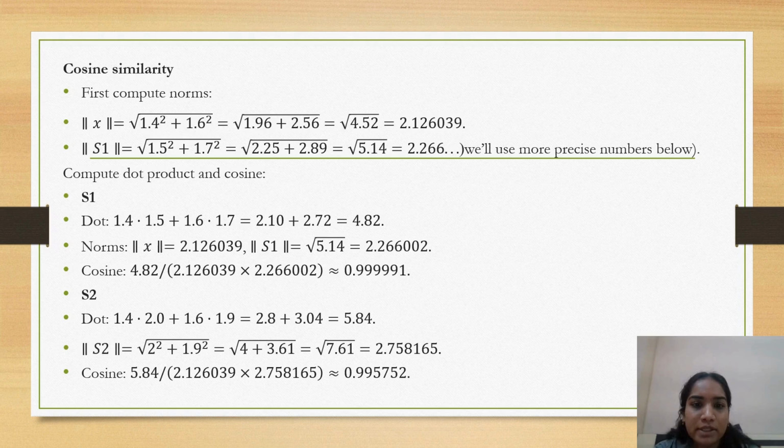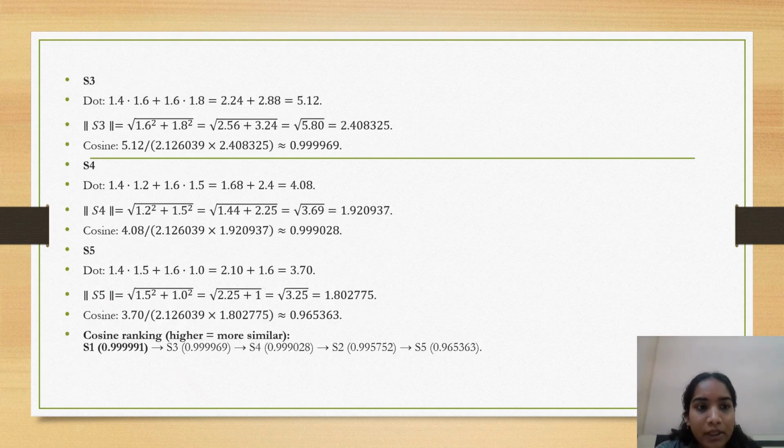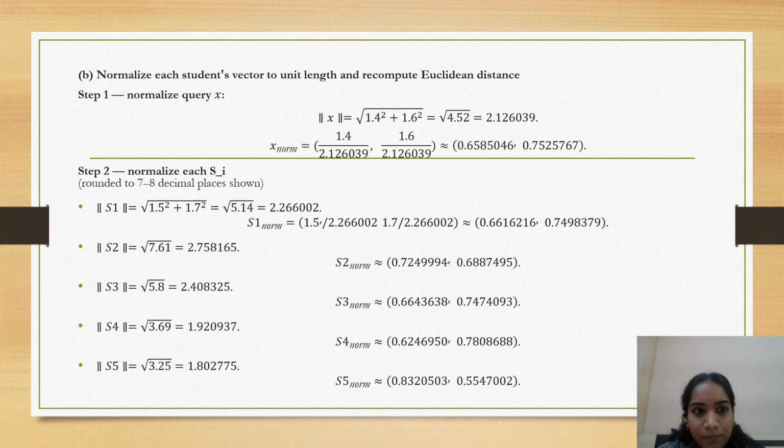For S1 the dot product is 4.66, the norm of x is 2.2, and the cosine similarity is 0.98. It means that a higher cosine similarity means more similar. This cosine similarity calculation is done for S1, S2, S3, S4, and S5.